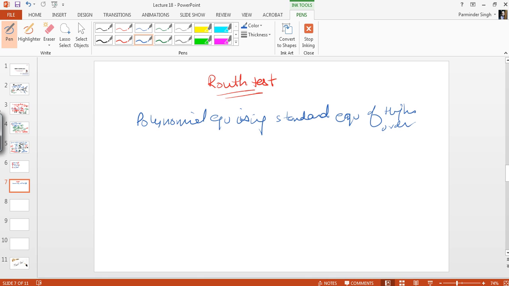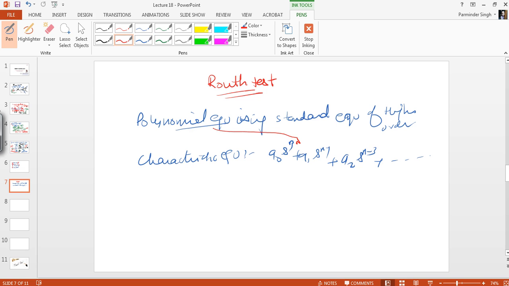Like for example, suppose our characteristic equation is something like this: a naught Sn plus a1 Sn minus 1 plus a2 Sn minus 2 plus so on. Once we prepare the polynomial equation, we're gonna write it down in the descending order of S.